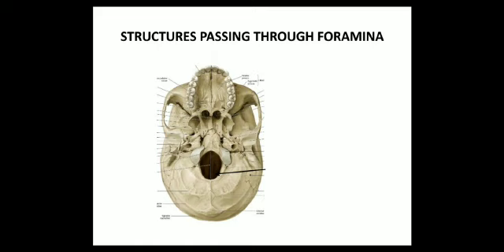Through the posterior wider part, there will be the lowest part of the medulla oblongata and the 3 meninges. Within the subdural space, the structures found are the spinal accessory nerves, vertebral arteries, sympathetic plexus around the vertebral arteries, and the posterior and anterior spinal arteries.